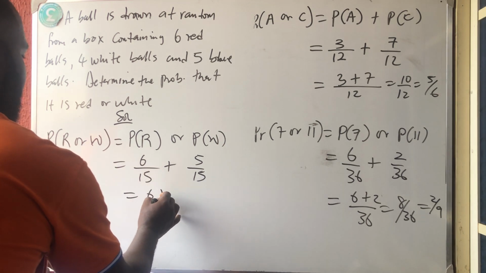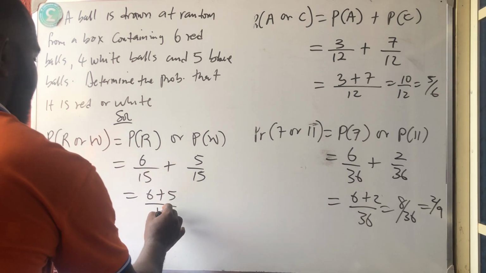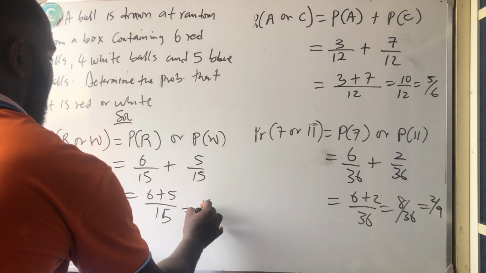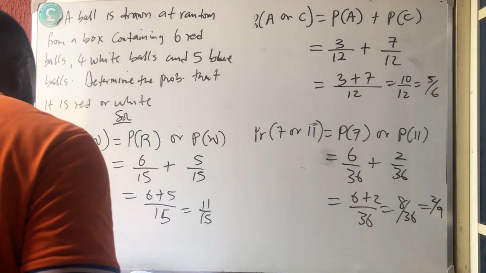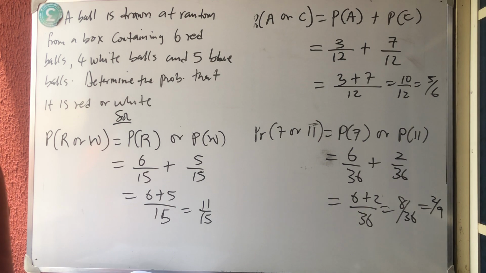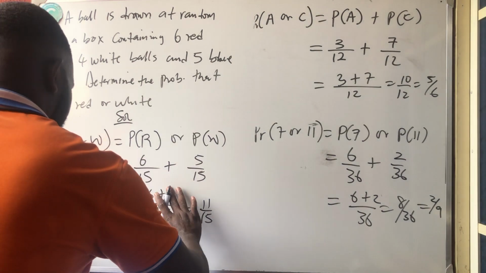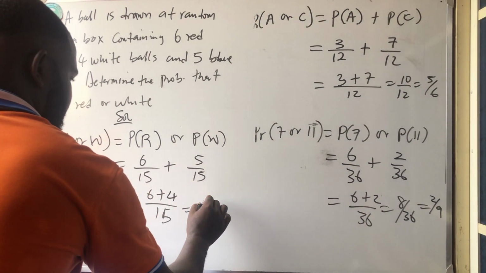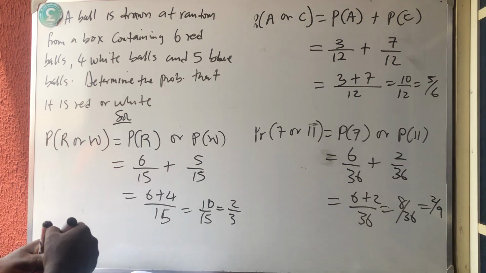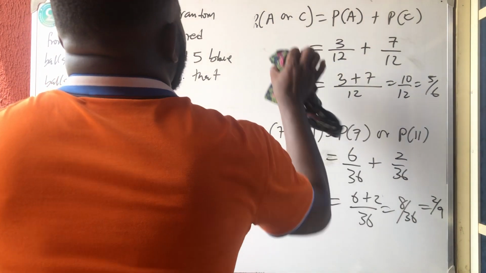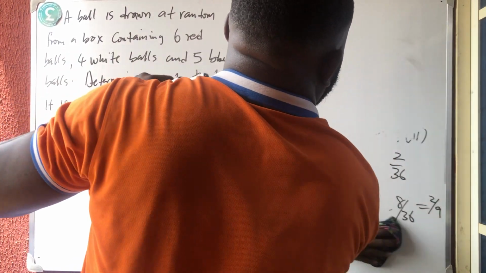So I'm left with 6 plus 5 over 15, which is 11 over 15. Okay, white is 4. Sorry, white is 4. So that is 10 over 15, which is 2 over 3. Okay? So the next one.